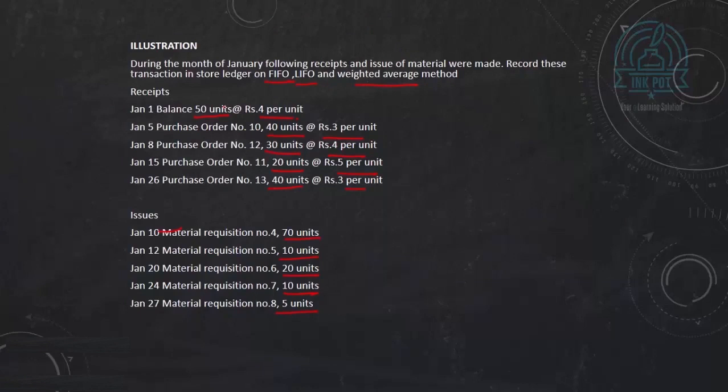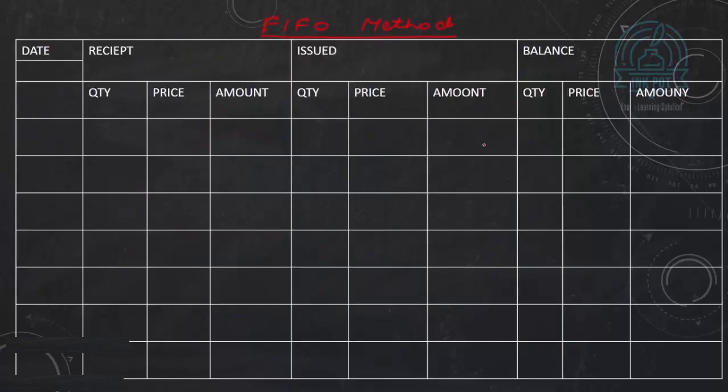See, on Jan 1 we have balance of 50 units. So I'm going to write here. First of all, we'll write the date, Jan 1.